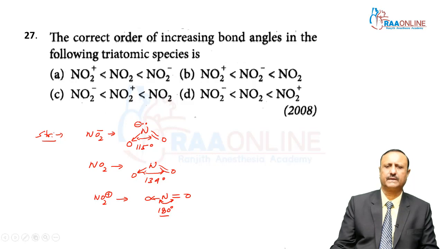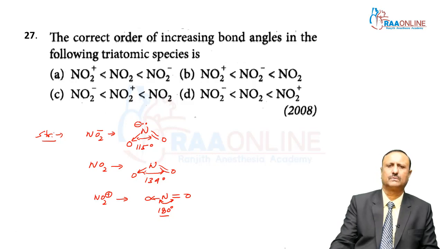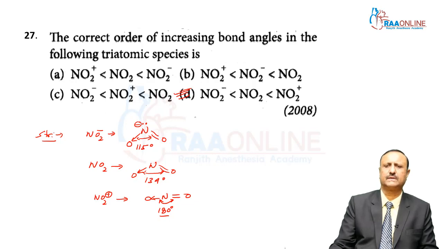So, my dear students, the highest angle is present in NO2 plus, then NO2 and NO2 minus. So, question number 27, the answer is D, increasing order. This question was also asked in 2008.